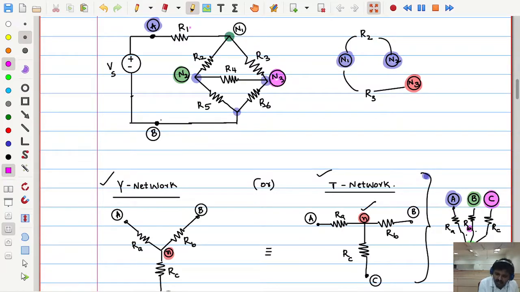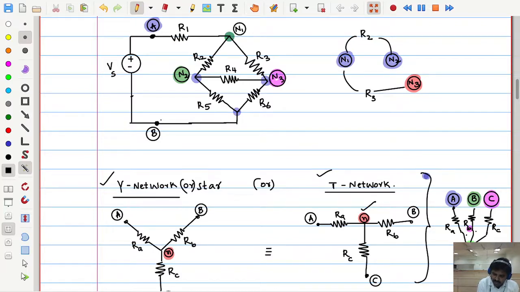Can I say R1, R2, R3 is connected in Y or star? We can also call this Y or star. Why? Because it looks like a star symbol. Y or star or T. Can I say R1, R2, R3 is connected in Y configuration? Got my point? Like this, we may find several sets of this kind of pattern. R2, R4, R5 is also connected in star. Why?